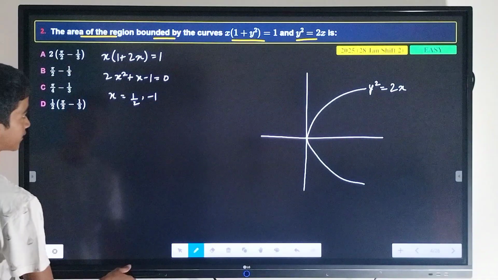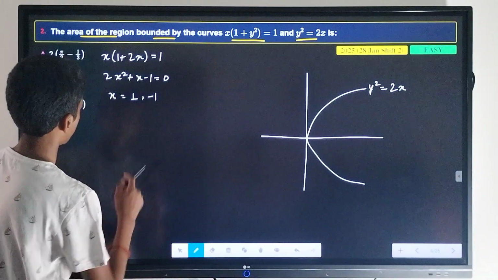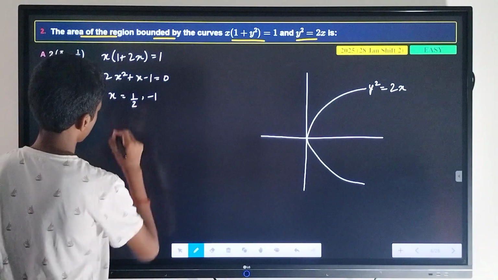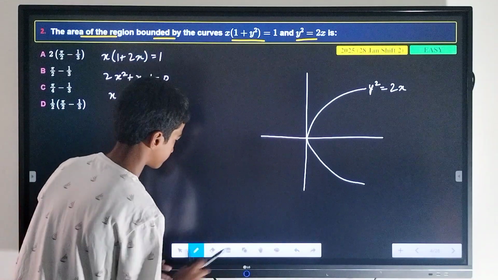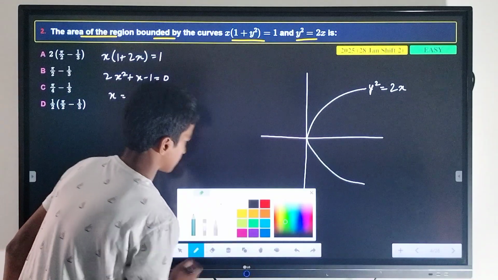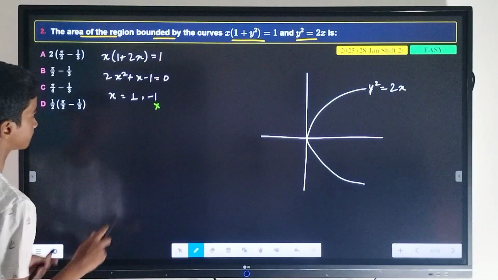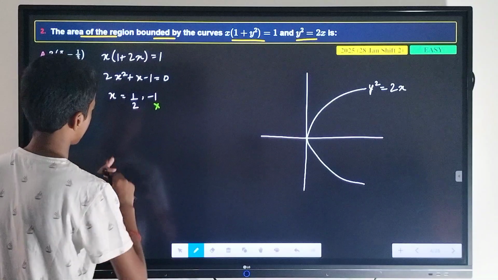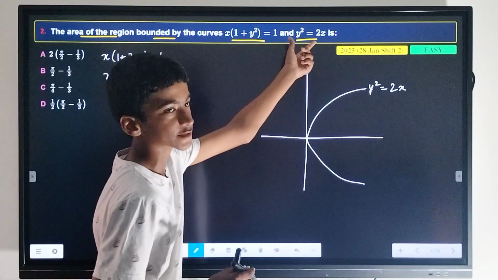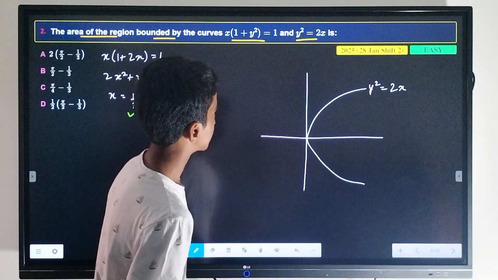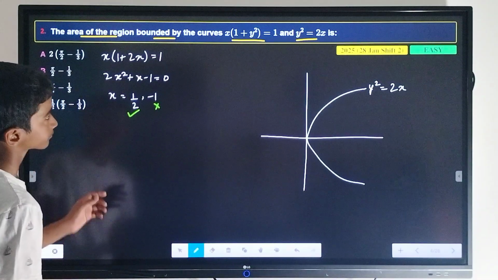Here our minus 1 will get rejected and 1 upon 2 will get accepted, because when we will take x is equal to minus 1 in this parabola, we cannot find any real values of y.